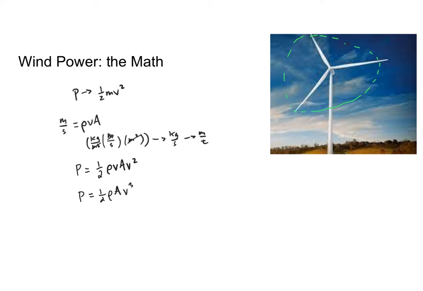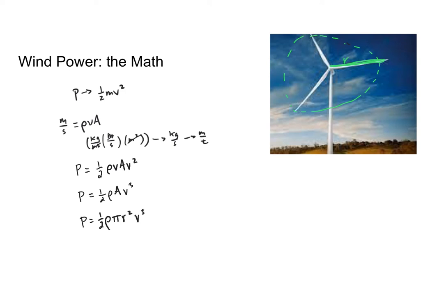Or if I know instead the radius of my wind turbine, the length of one of the blades, I can rewrite my power equation as P is equal to 1/2 times the density of air times pi times my radius squared instead of area times my wind speed cubed.